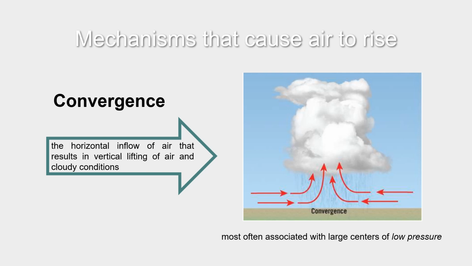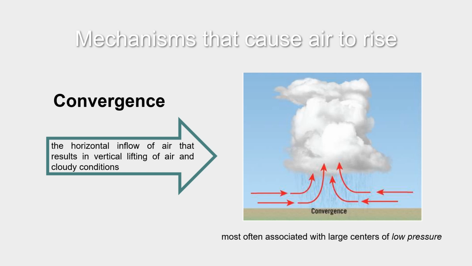Most often this mechanism of rising air is associated with large centers of low pressure. If the previous mechanism is in the mid-latitude region, these low pressure systems are mainly mid-latitude cyclones and hurricanes again.